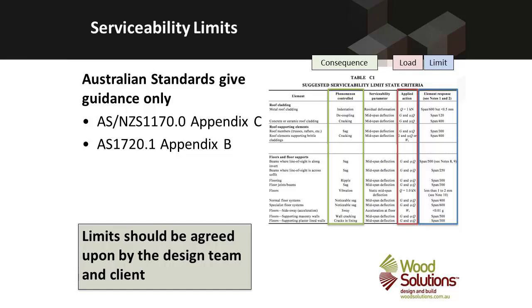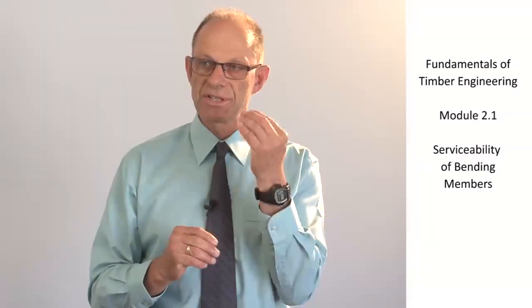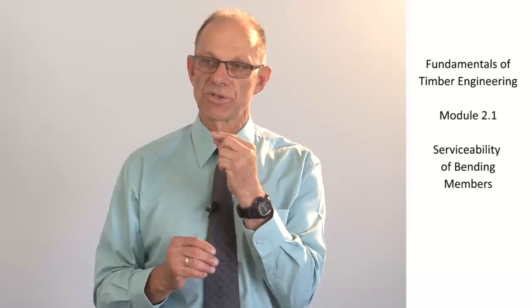So serviceability limits are set between the designer and the client, and they take into account the consequence of the deflection. If it deflects too much, what goes wrong? The load that is actually applied, what are we modelling in thinking about this deflection limit? And then there's the limit itself. So limits are variable. Duration of load is something that also has to be modelled with some materials.